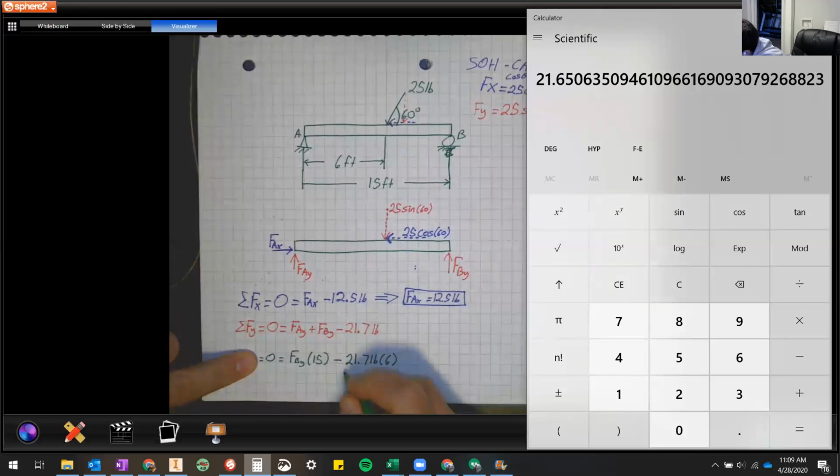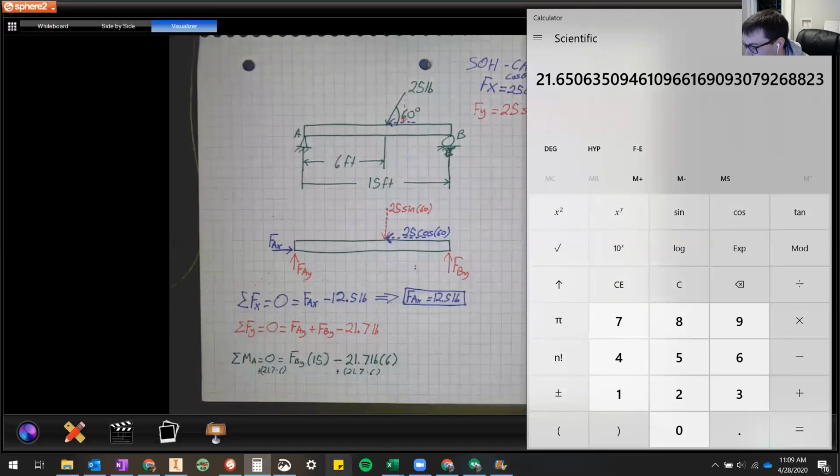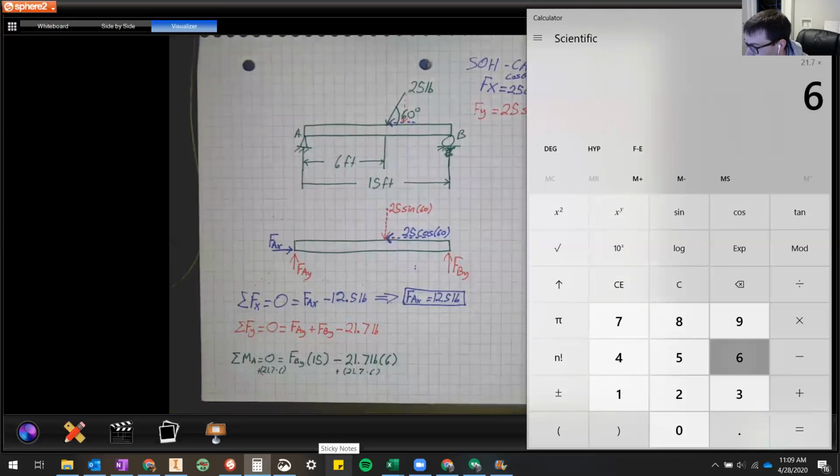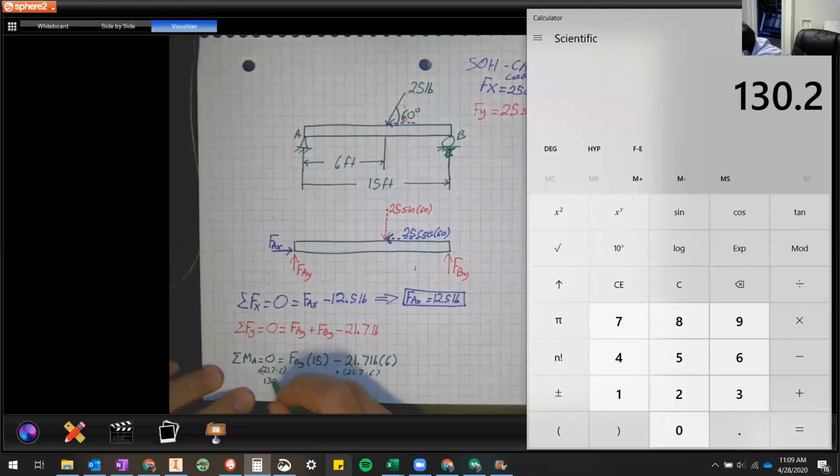So if I do that, then I end up with, what's 21.7 times 6? Let's type that in. 130.2 is equal to FBY times 15. So now to get that by itself, divide by 15, divide by 15.